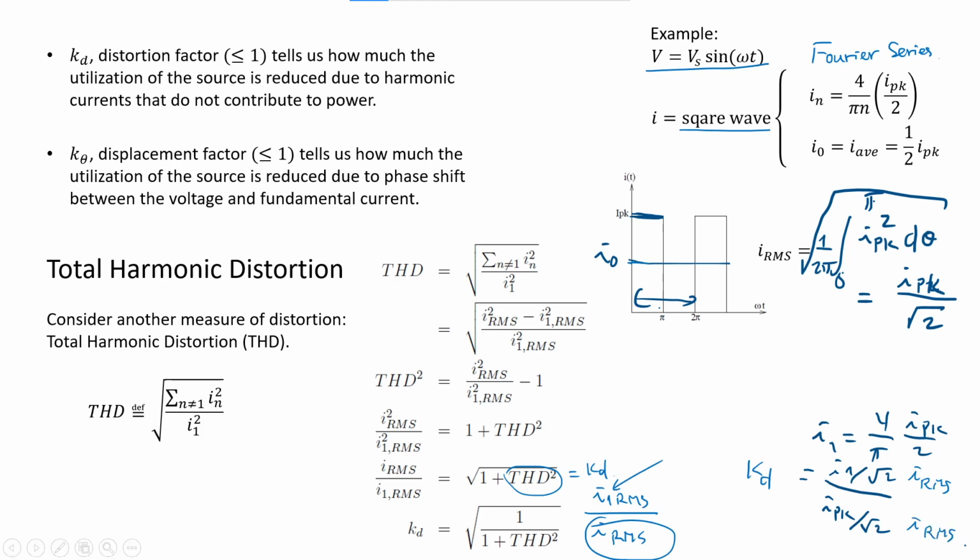So this ratio is KD. This is how you compute KD, and then you can compute total harmonic distortion in terms of KD. I already explained it, but I don't calculate it here for you.